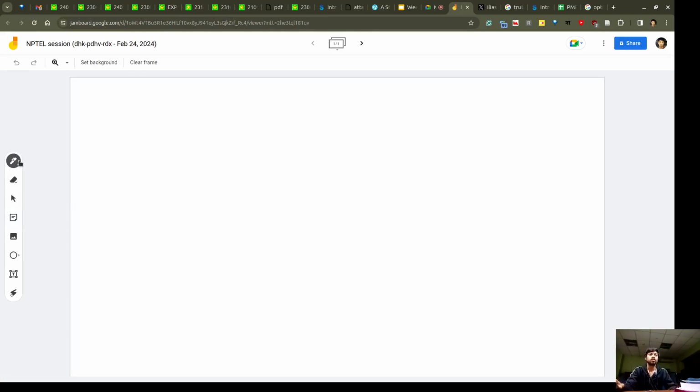Suppose this one is x1 and this one is x2, and the values are 0 and 1 for both axes.